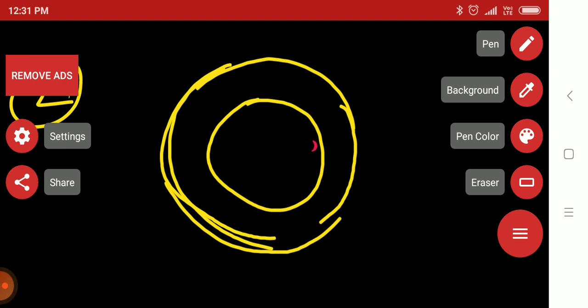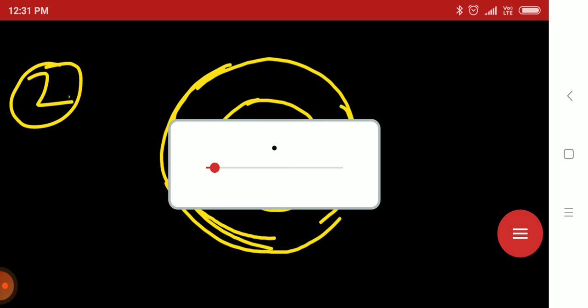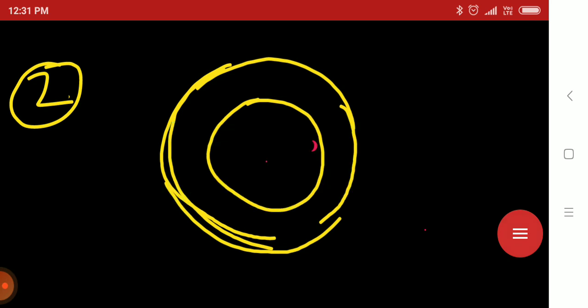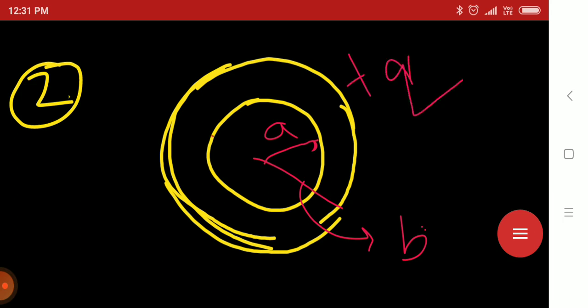Actually, this spherical shell problem concept is very important to know. This is A radius, this is B radius, and this is the spherical shell. The outer shell contains plus Q charge and the inner shell contains minus Q charge. So first, let's try to understand the problem.